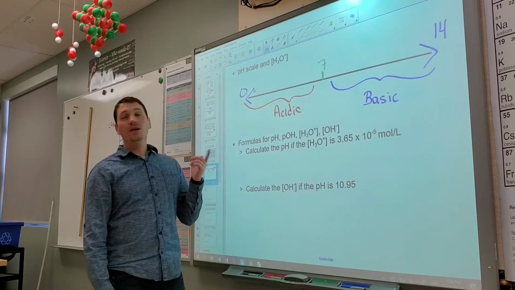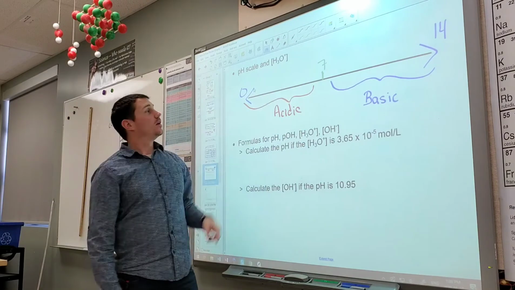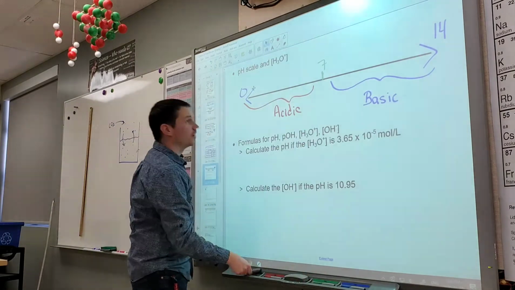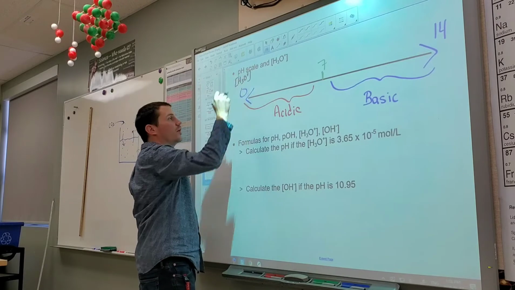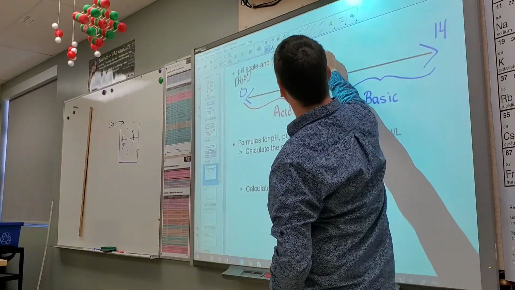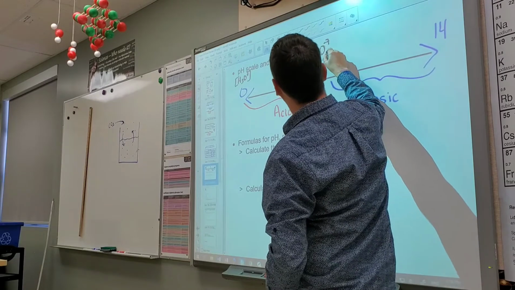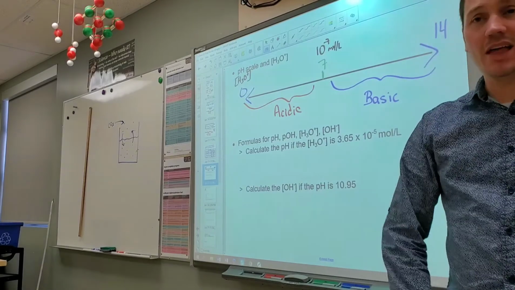The hydronium concentration at a pH of 7 is 10 to the negative 7 moles per liter. Do you remember that?